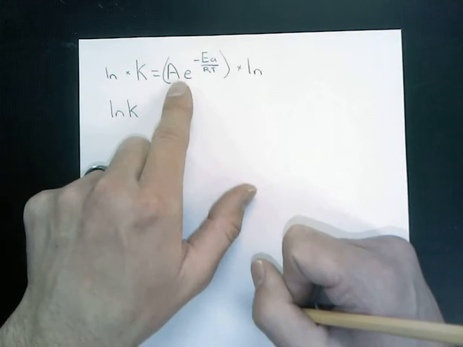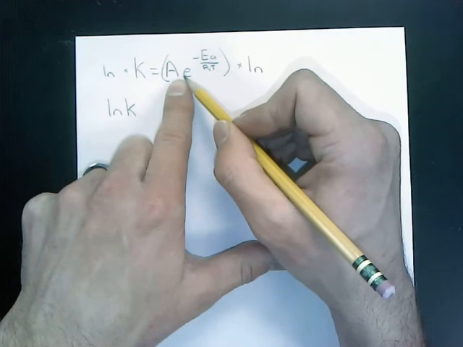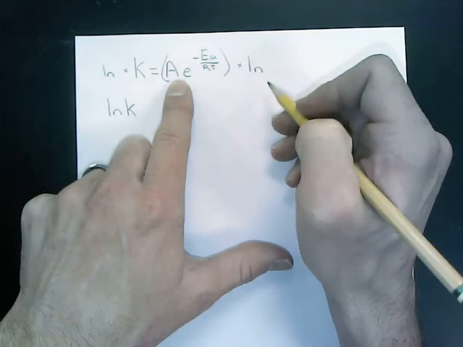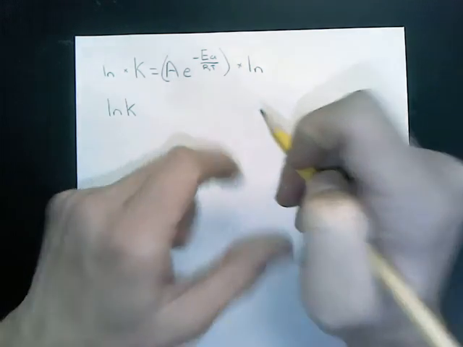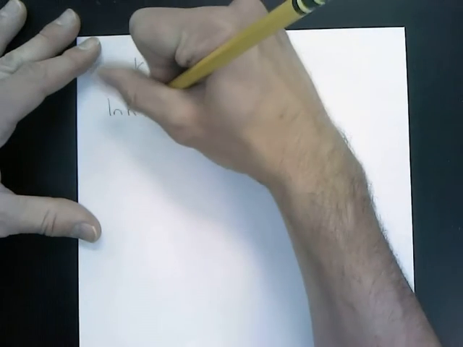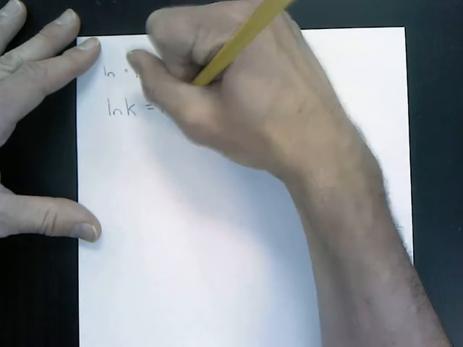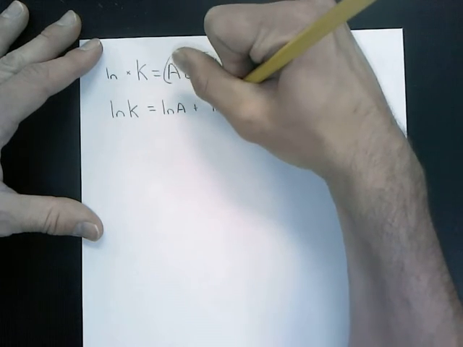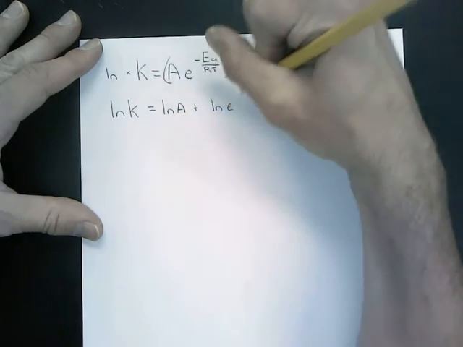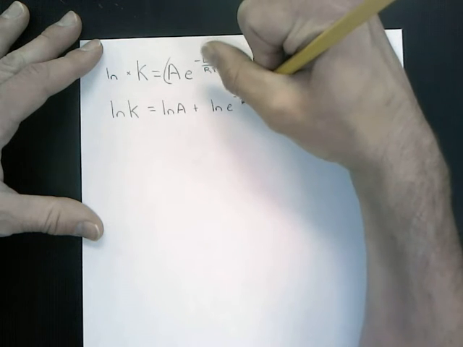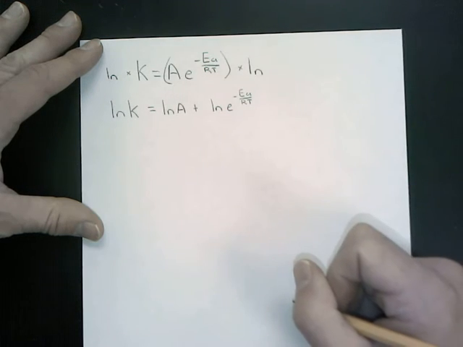What happens here, because A and this inverse natural log are attached via multiplication, and we're using natural log, the rules of natural log say that we can do the following. We can say, hey, we have natural log A plus the natural log of e to the power of the activation energy over RT.